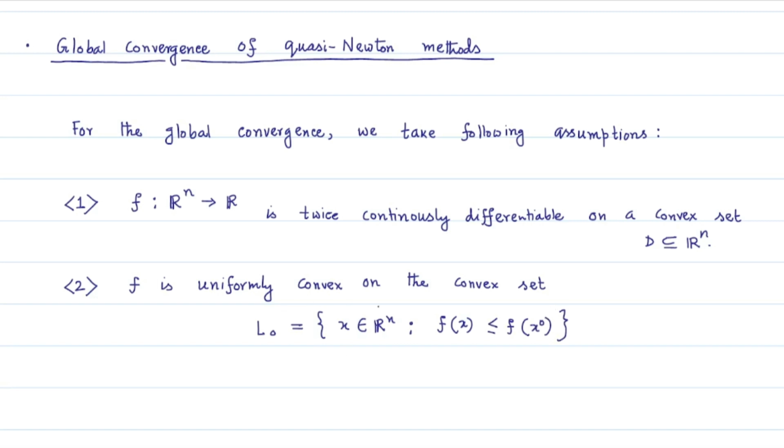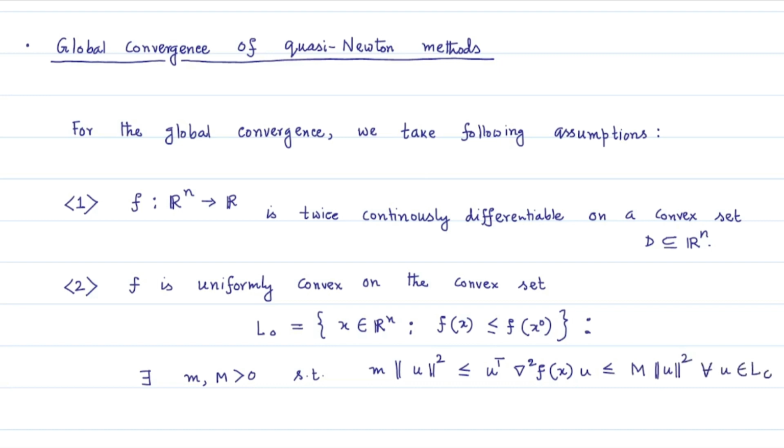By uniform convexity on this set L naught, we mean there exist two positive constants, small m and capital M, such that m times norm u squared is less than or equal to u transpose the Hessian into u, less than or equal to capital M into norm u squared, for all u belonging to L naught.